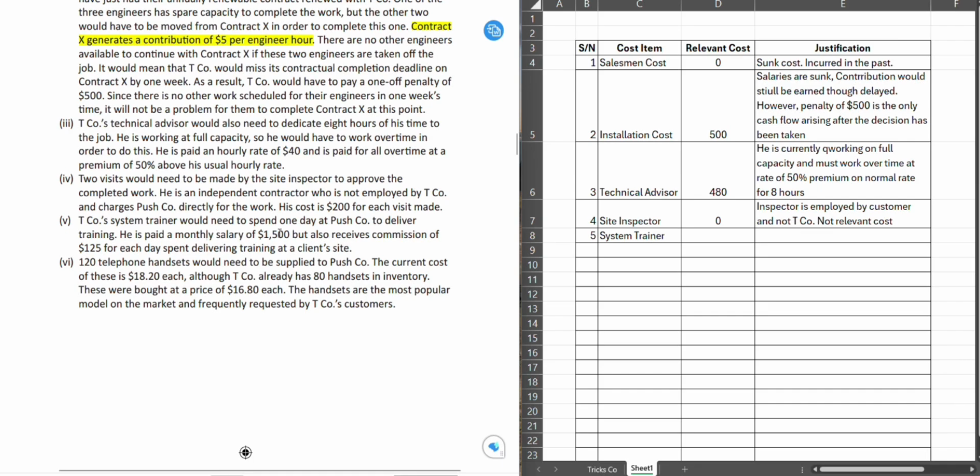Right. So which means the extra that we're going to be incurring is just the $125 extra commission that he gets every time he goes on the client side. So that will be the relevant cost for that, $125. Yeah, because justification, monthly salary is fixed, and only commission will be the relevant cash flow as a result of the decision.